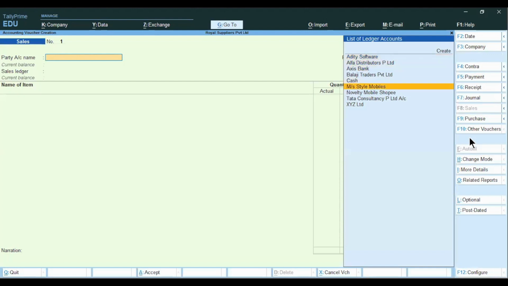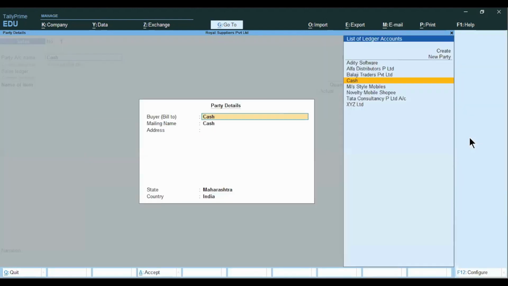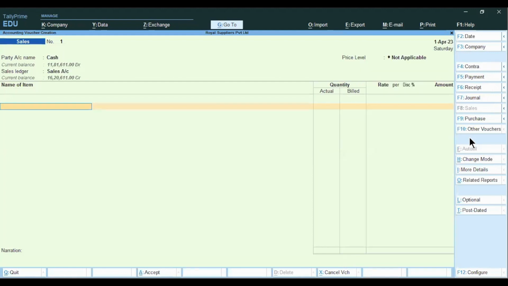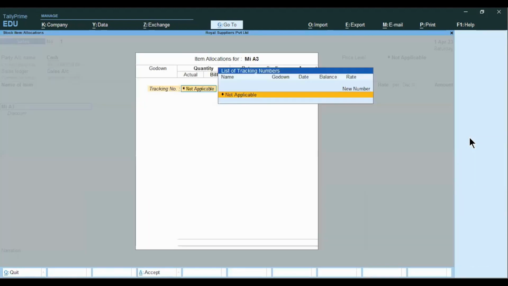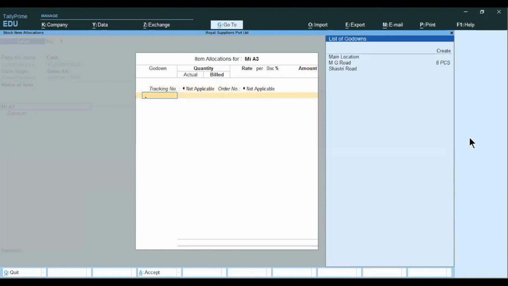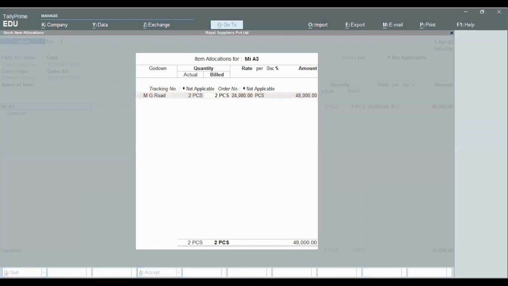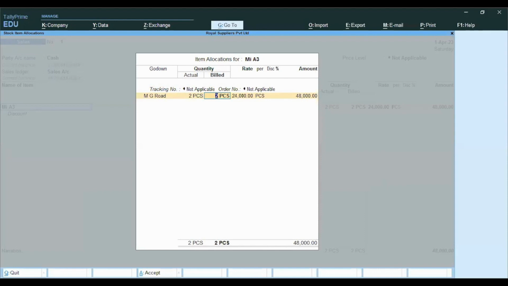Party name cash. Price level not applicable. Sales account MIA3. Tracking not available. 24,000. Just let me check. 24,000 per piece.